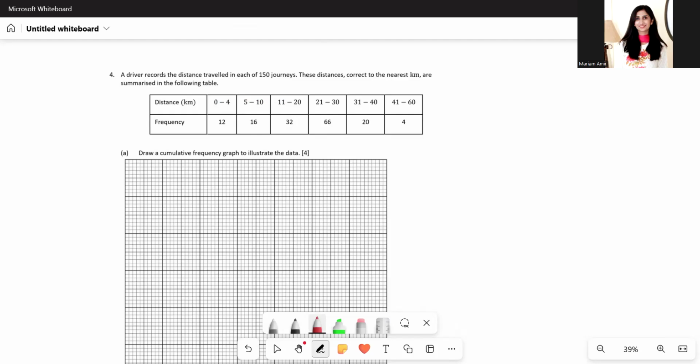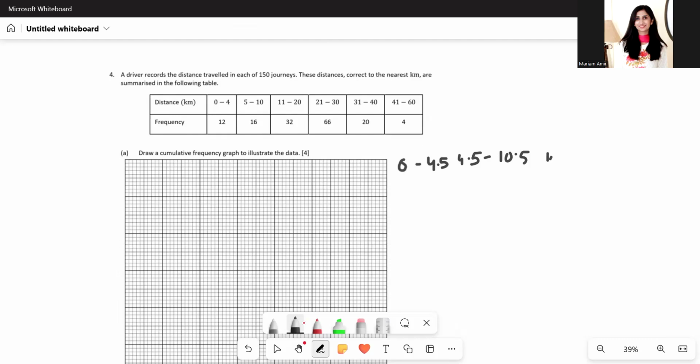So we write 0 to 4.5, then 4.5 to 10.5. Okay, 0 cannot change to negative 0.5, that's why we leave it as it is.